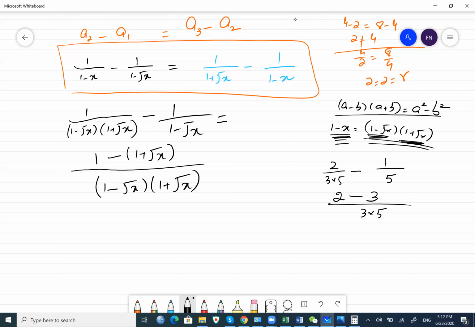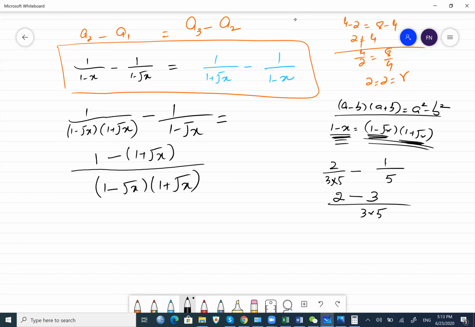Understand this one? Wait, I don't understand why 3 times 5 is the lowest common multiple. LCM, right? Yeah, LCM, lowest common multiple. 15 is the lowest common multiple for 3 times 5 and 5. Oh, okay. I get that.